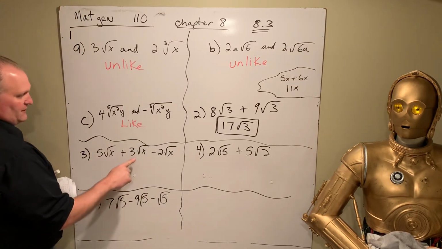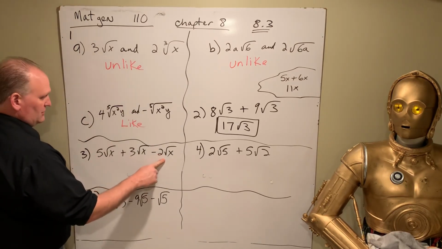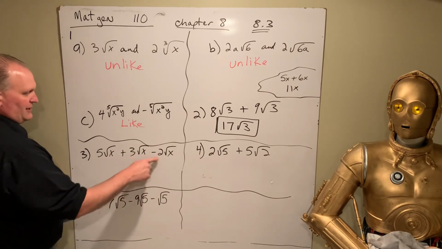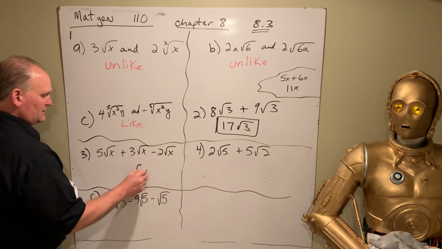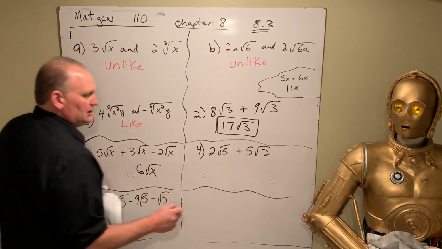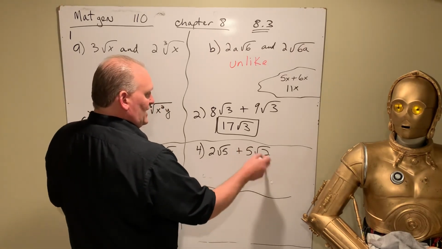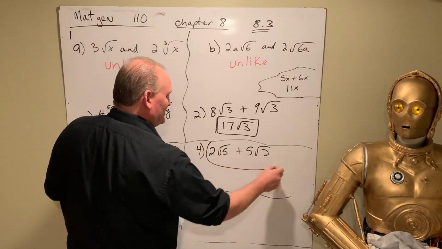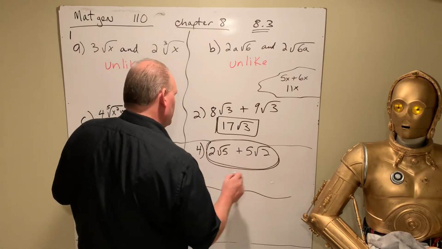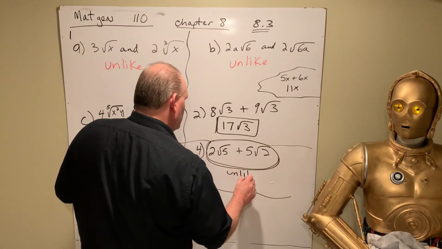5 square roots of x plus 3 square roots of x minus 2 square roots of x. That's 8 minus 2, that's 6 square roots of x. 2 square roots of 5 plus 5 square roots of 2. That's a trick. Those are unlike terms. So we can't really do anything with that.